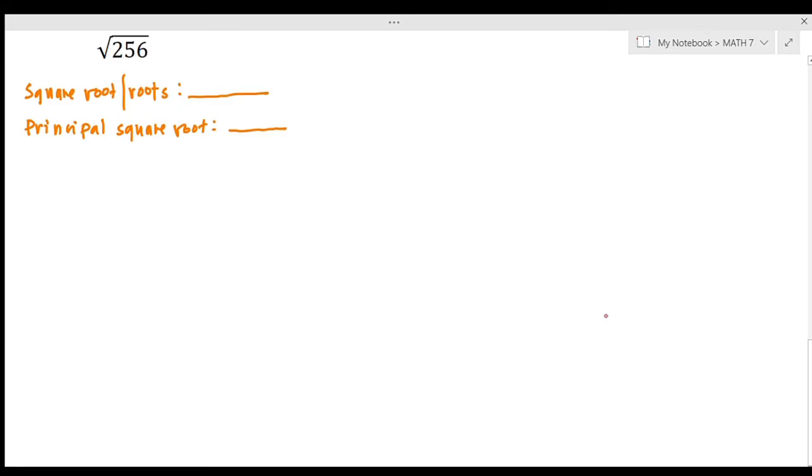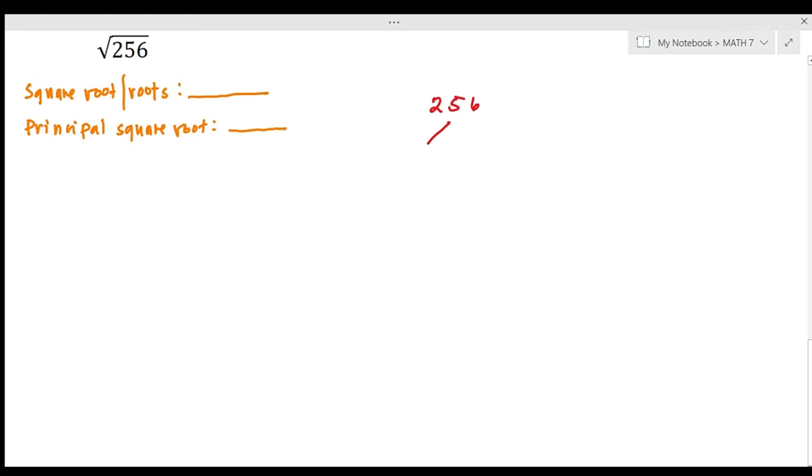So we have this one, 256. Sulat natin dito, 256. And then hanapin natin yung mga factors by using this factor tree or prime factorization.